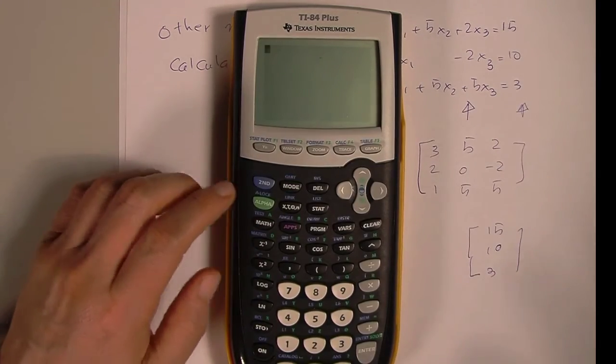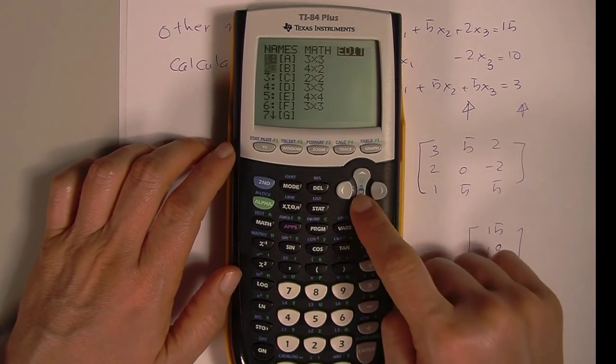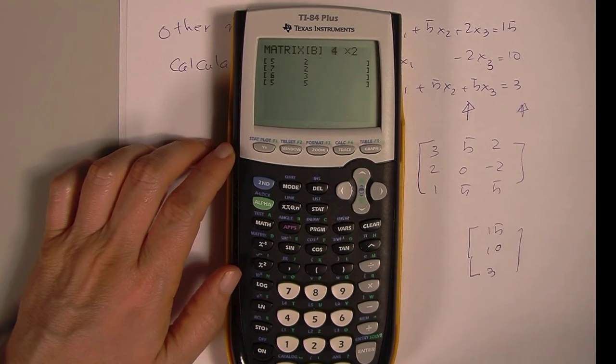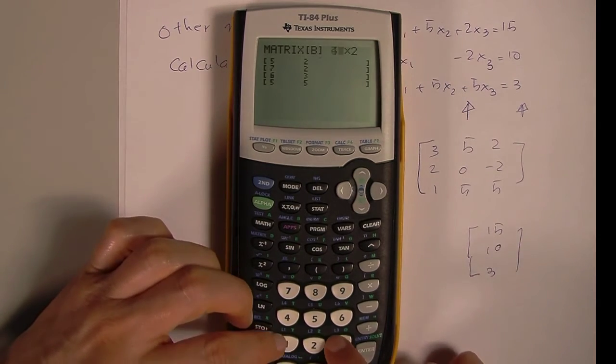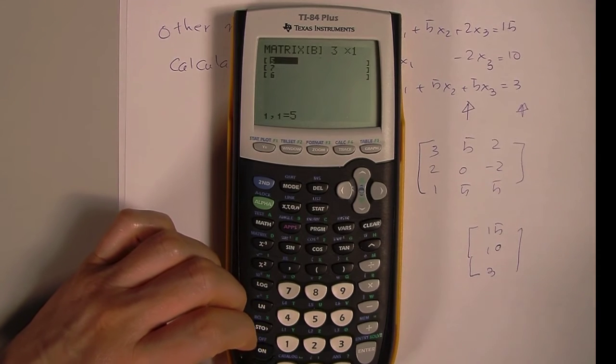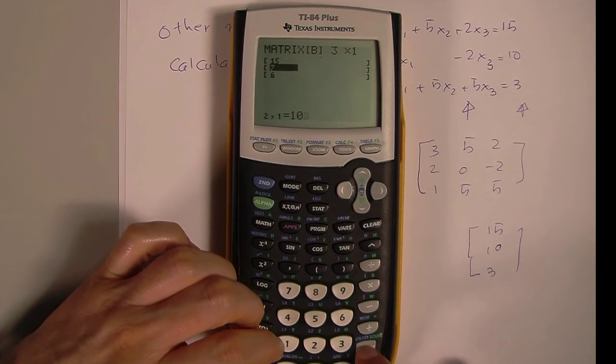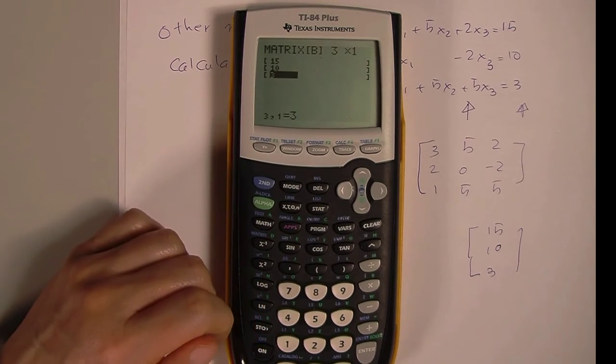I quit the environment, come back to environment, go to edit, and this time B. B, I want to be a 3 by 1. And 15 for the first one, 10 for the second one, and 3 for the third one.